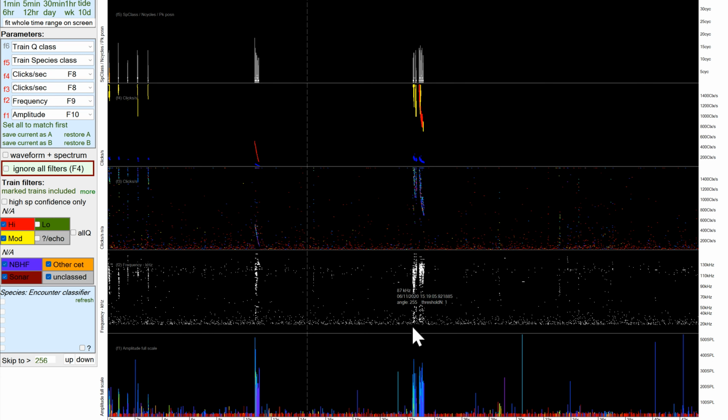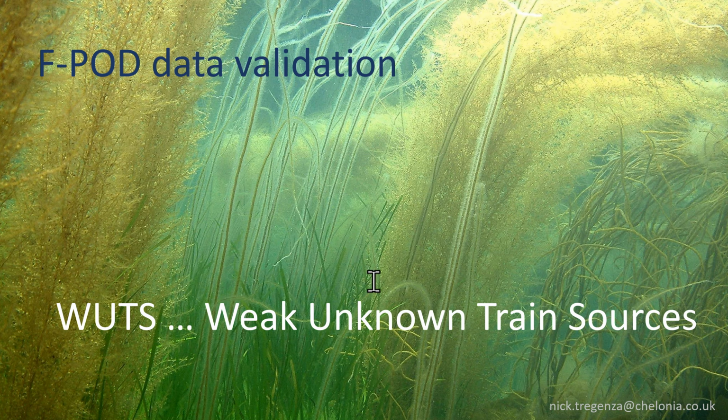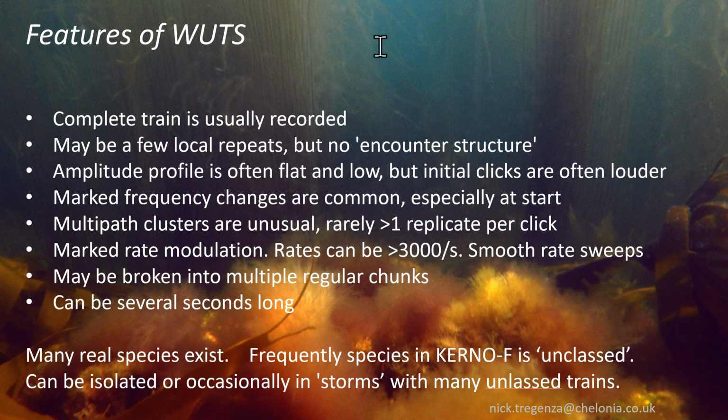Okay, so I hope that hasn't frightened you too much, because actually it does rather frighten me, I have to say. And I've just sort of summarized here the features of what. So you're often getting a complete train. There may be a few local repeats of the train, or somewhat different versions, but there's no kind of encounter structure. The amplitude profile is often rather flat through.